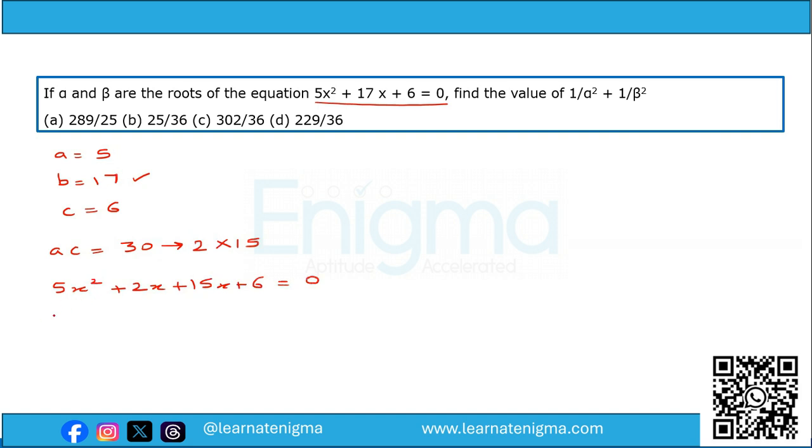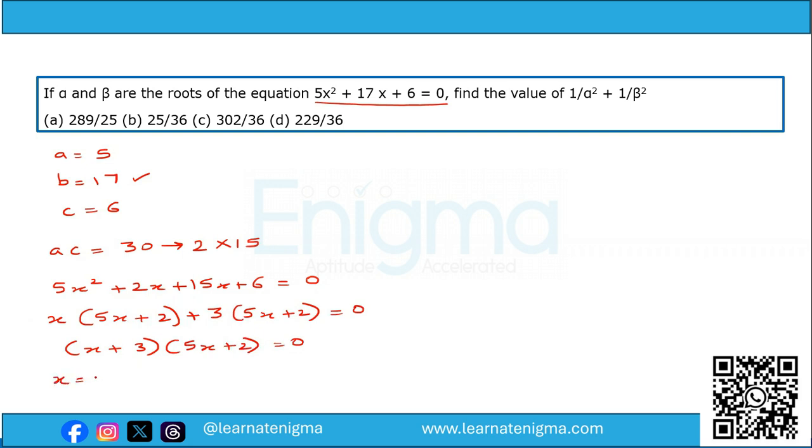From the first two terms, we have x common, so x(5x + 2) plus 3 common, and again (5x + 2) in the bracket, is equal to 0. So we have (x + 3)(5x + 2) = 0.